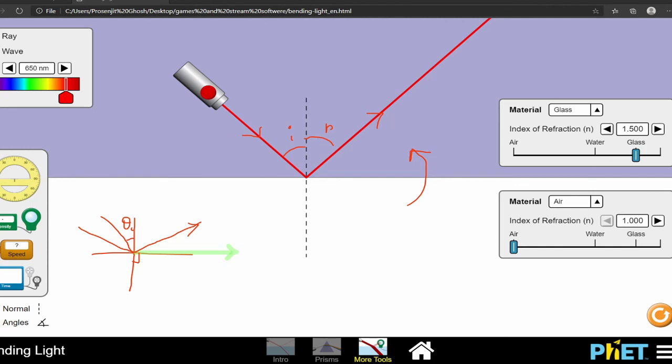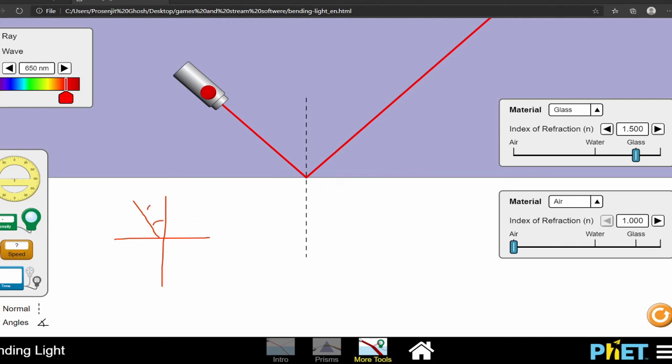So today we have learned two things, total internal reflection and critical angle. I'm just recapping one more time. The critical angle will give you the refracted light at a 90-degree refractive angle, and if you increase the incident angle more, you will get total internal reflection.